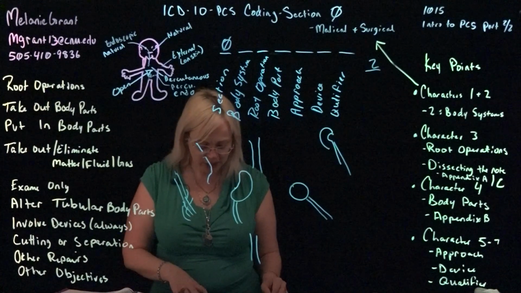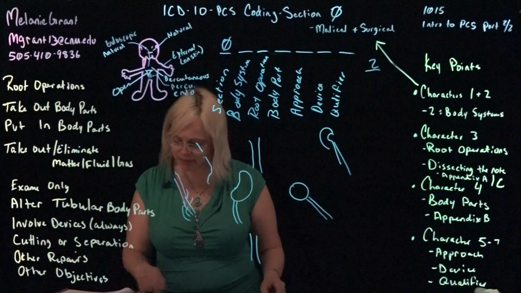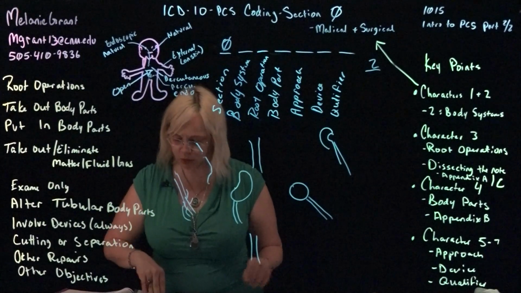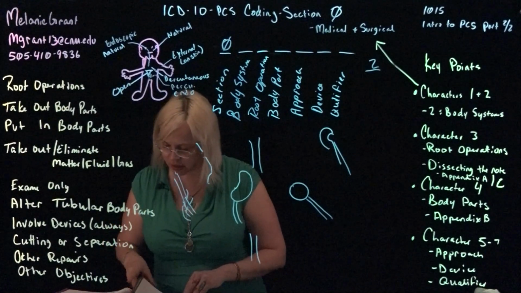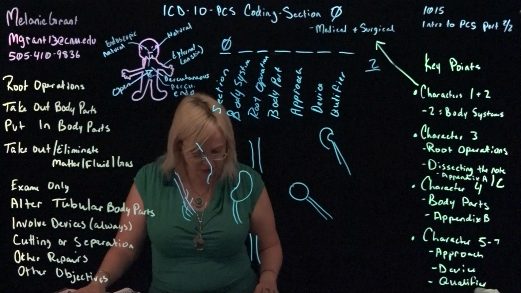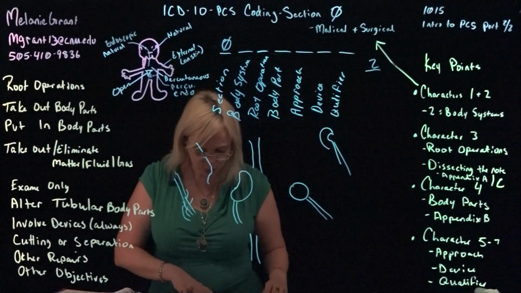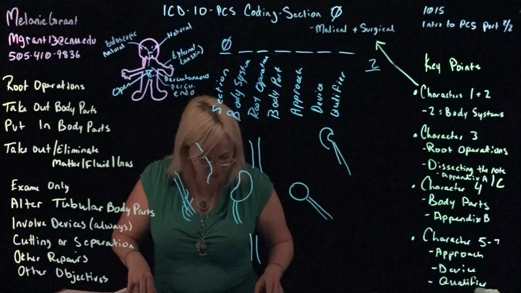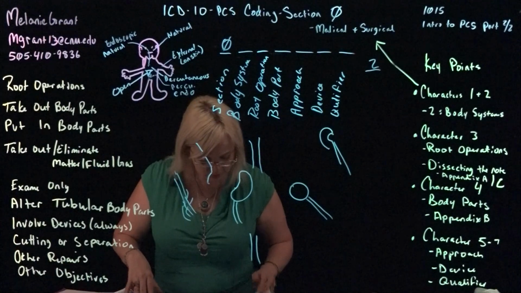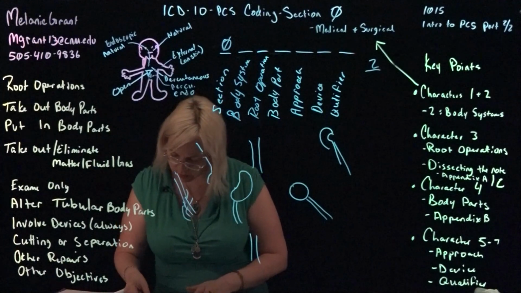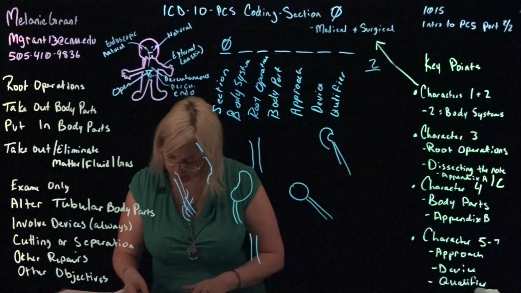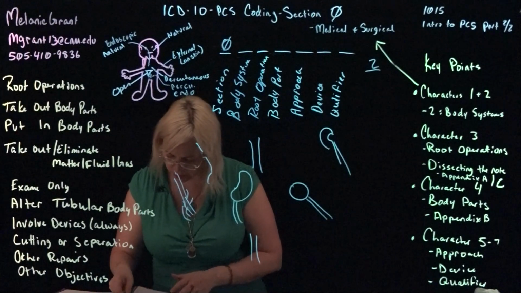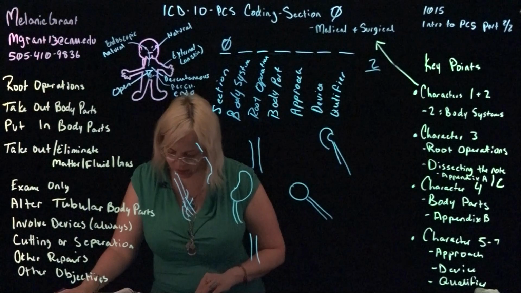However, if I go in here and I'm talking about a lobectomy, where we're removing a part of the lungs, I'll notice that the body part for the lobe is going to be identified as separate areas.